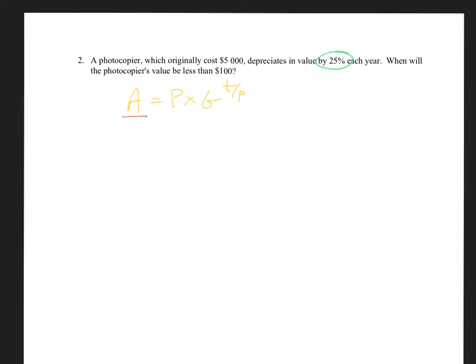The value of something, or the amount of something, is equal to its starting amount times how it's changing. Okay, it's that basic. However, the how it's changing has a bunch of things in it. When we go through, we're talking about how it's growing, how long it takes, or how much time has passed, and how long it takes to do it.